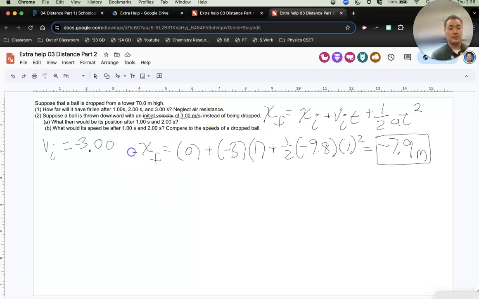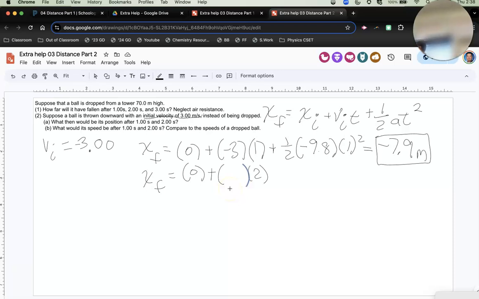Back to Emiliano. Xf equals what? 0 plus 2 for time, which is over here, but we need the new VI. What's the new VI? 3, but not just regular 3, because the ball's being sent down.